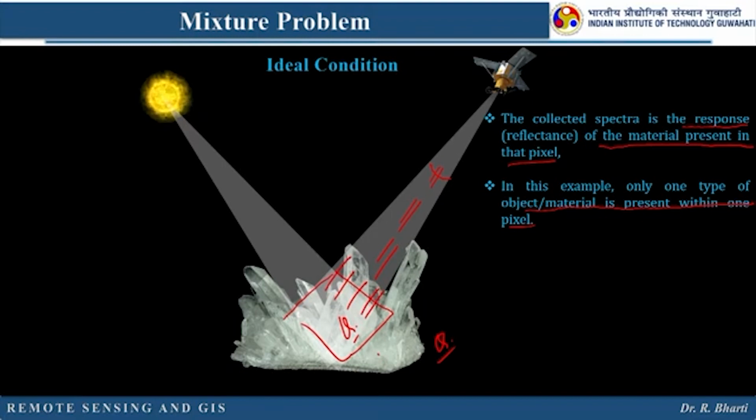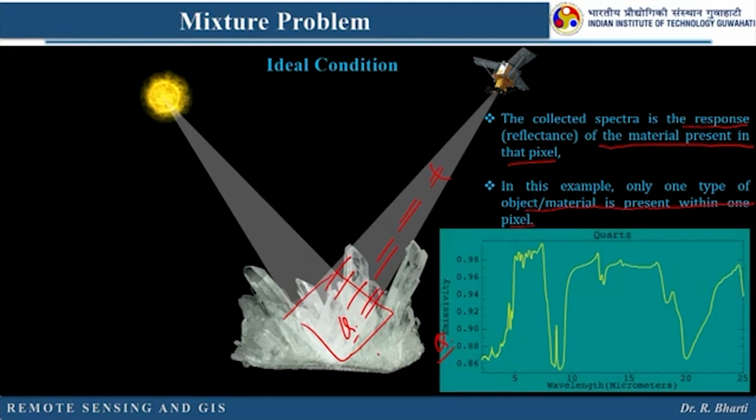So in that case life will be very simple and you will get a very good perfect reflected or emitted energy curve, right. So here you can see this is the response of quartz between 2 to 25, right. Now based on this we can easily say that this pixel belongs to quartz.